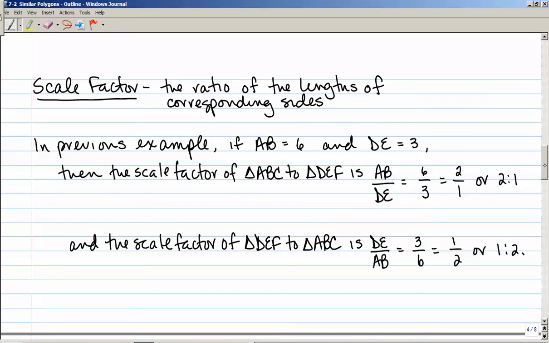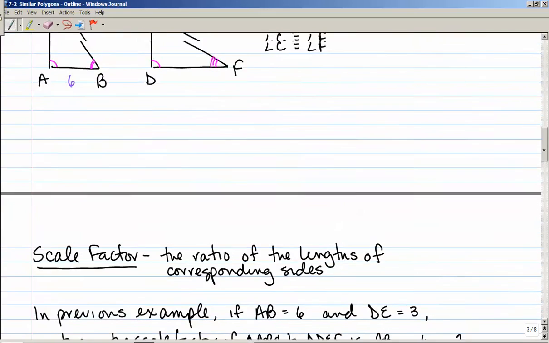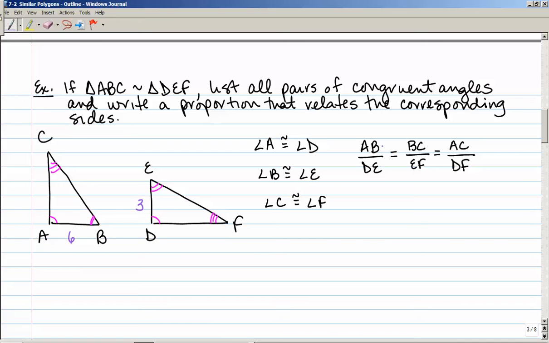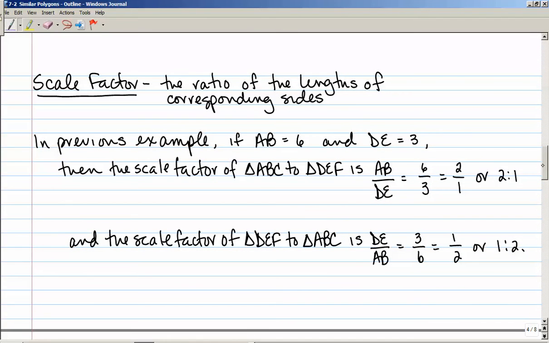So in the previous example, if the length of AB were 6 and the length of DE were 3, and because AB and DE are corresponding to each other, then we could say that the scale factor of ABCD to DEF is going to be AB over DE, 6 over 3, reducing to 2 over 1, or usually with scale factor we write it with a colon, a ratio of 2 to 1.